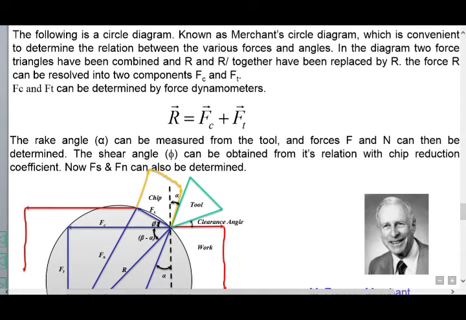In the diagram, two force triangles have been combined and the forces replaced by R. The force R can be resolved into two components, Fc and Ft. Fc and Ft can be determined by forces measured in dynamometers. What is a dynamometer? You know that.